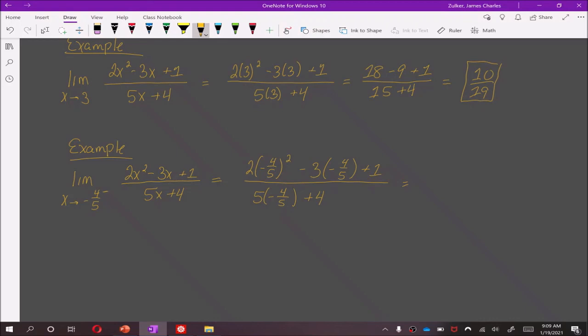This would leave us with 32 over 25 plus 12 over 5 plus 1 all over negative 4 plus 4. Now we have a problem, because this here winds up being 0. And we cannot divide by 0.